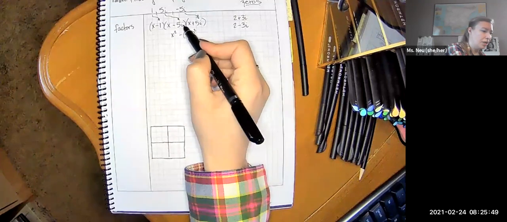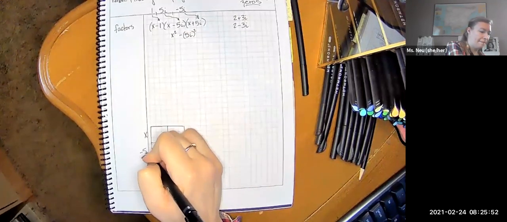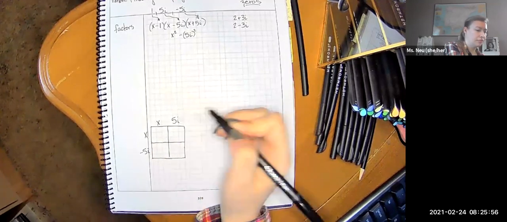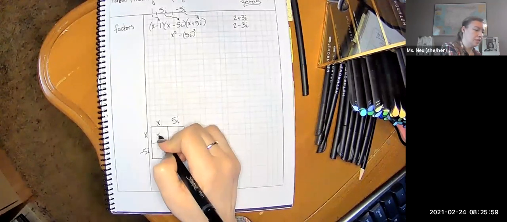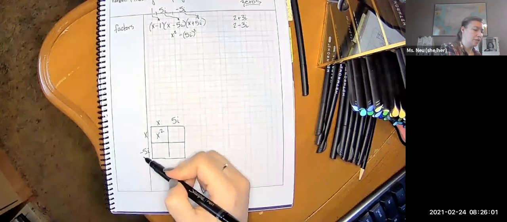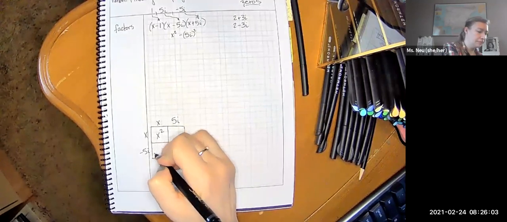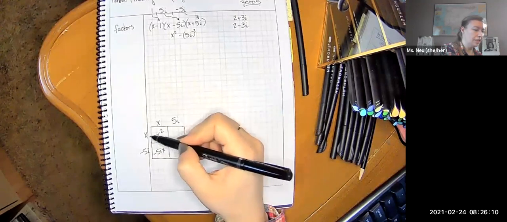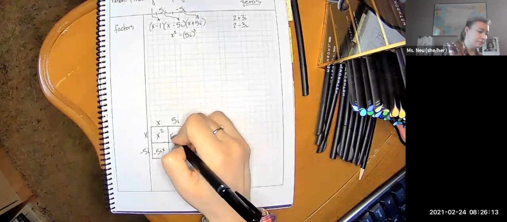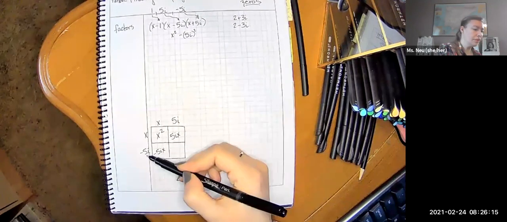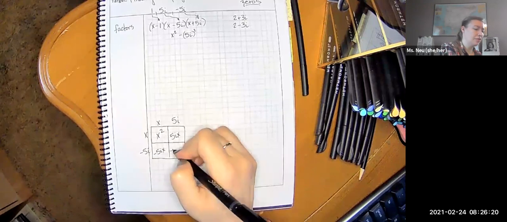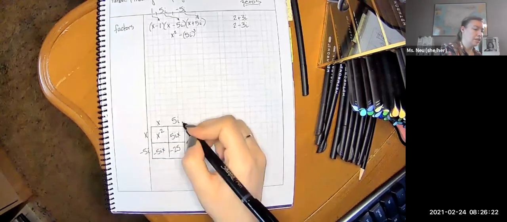So let's see, x minus 5i, and then x plus 5i. Okay, x times x, times -5i, and then x times positive 5i, and then negative times positive, I'm going to get negative, 5 times 5, 25, and i times i.